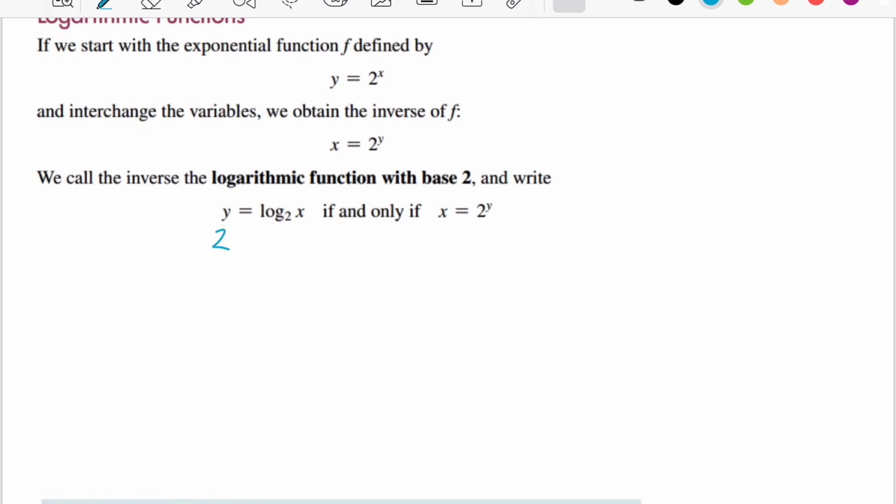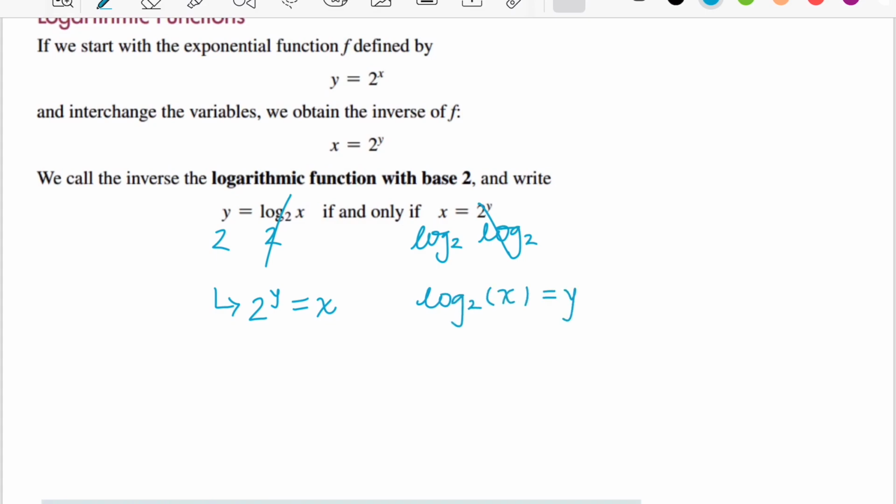If we were to take base 2 on both sides, since these are inverses, we end up with 2 to the power y is equal to x. And we can do the same thing on this side with x is equal to 2 to the power y. We can take log base 2 on both sides. And again, exponential and log functions are inverses. So we end up with log base 2 of x is equal to y.